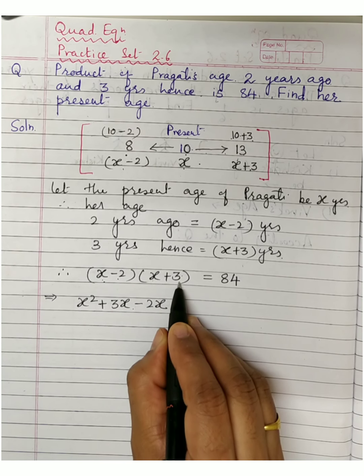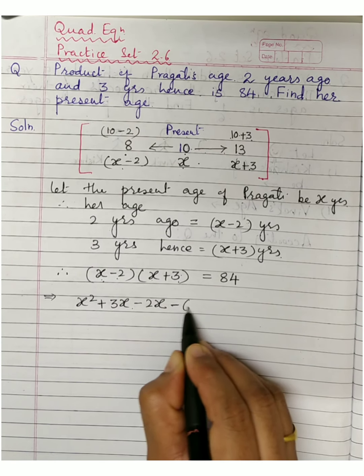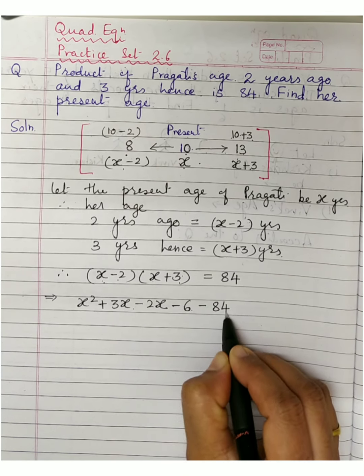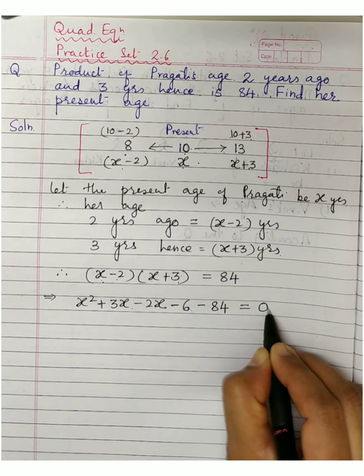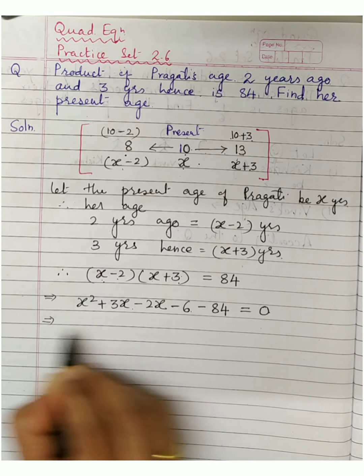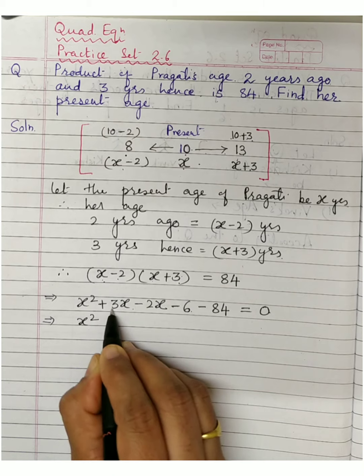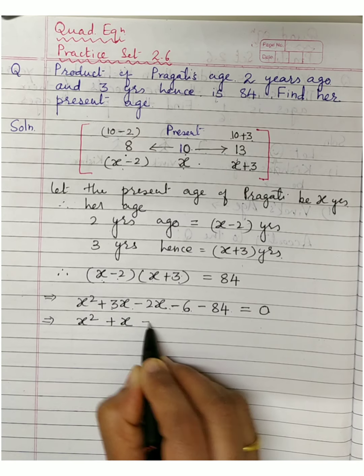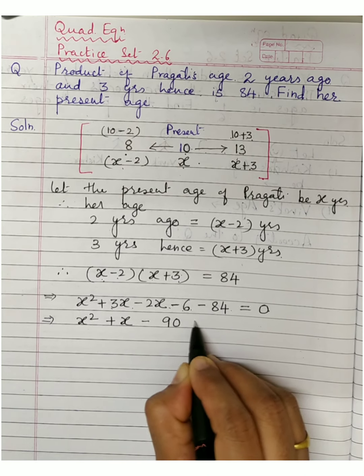Minus 2 into 3, minus 6. Shift 84 over to the left hand side so that RHS can be 0. So you have X square plus 3X minus 2X minus 6 minus 84, which gives you X square plus X minus 90 is equal to 0.